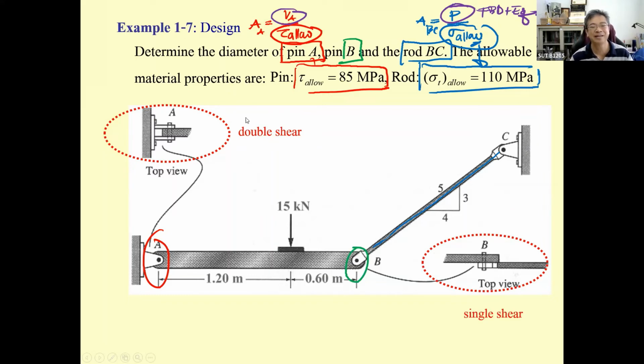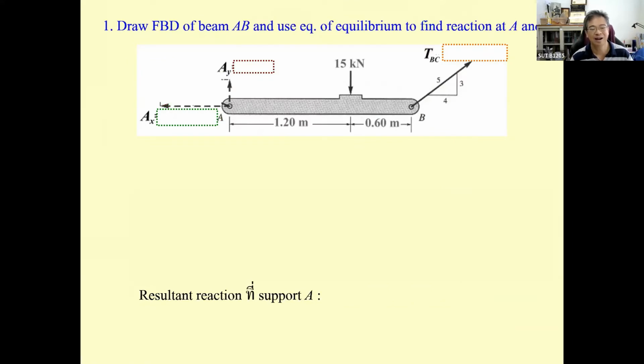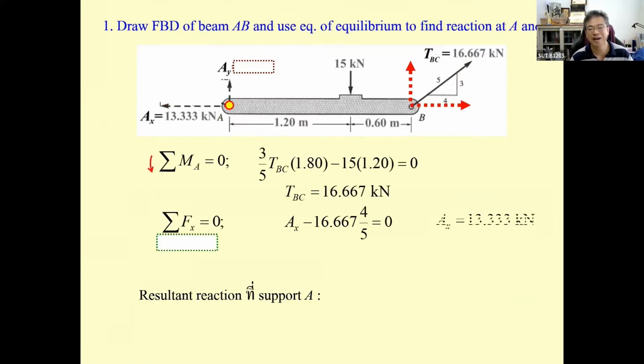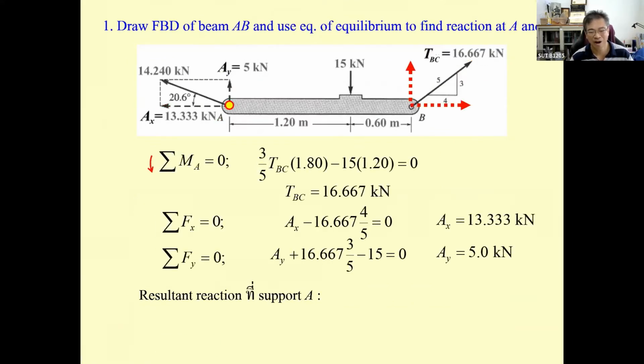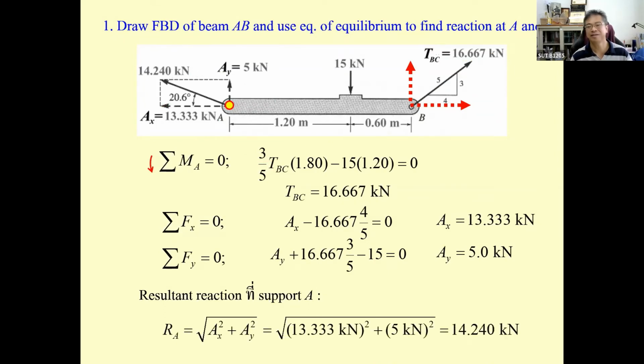A is double shear, B is single shear. BC is the two force member, and then the problem will be the same. I will go by this slide.